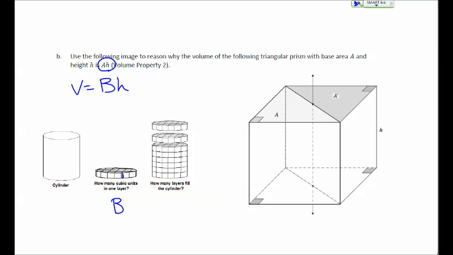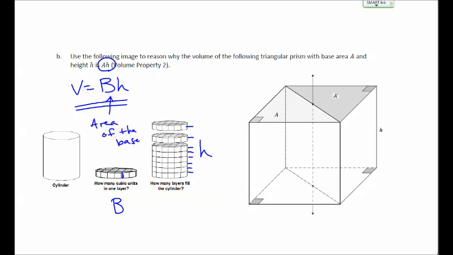Then in the base, I have B number of 1 unit by 1 unit by 1 unit cubes that fill the base, and I have H number of layers of that size. So using multiplication, because I have H groups where each group is size B, that's why I have multiplication for the volume of a solid where capital B is the area of the base.